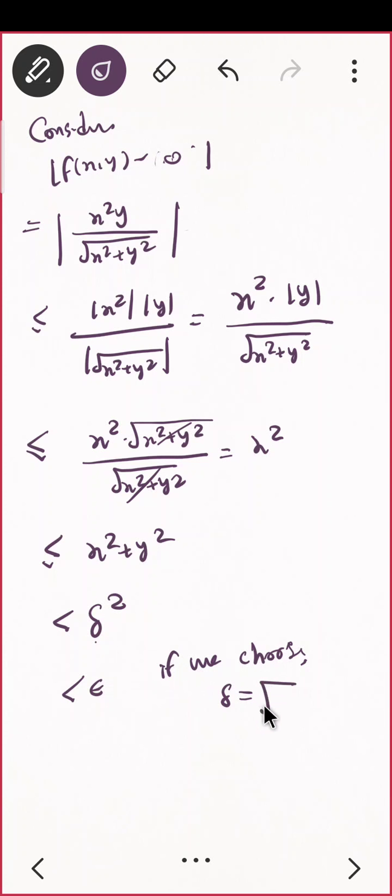Perfect, very nice. Square root of epsilon. Since epsilon is a real positive number, I can take the square root and there is no issue at all. So I have proved mod of f of x, y minus 0 is less than epsilon. Hence proved.